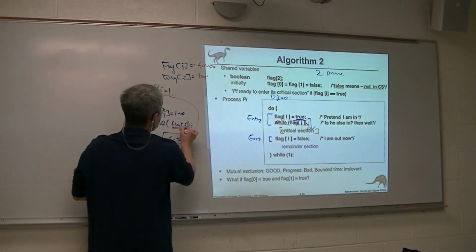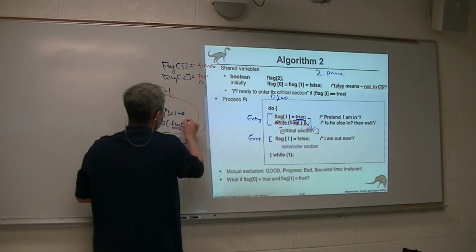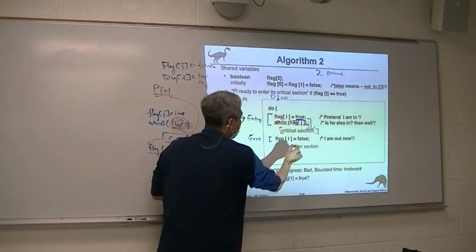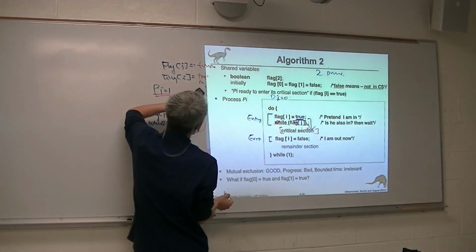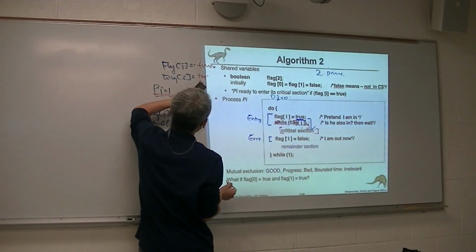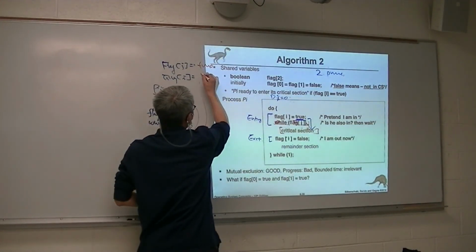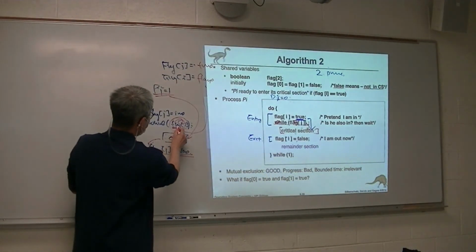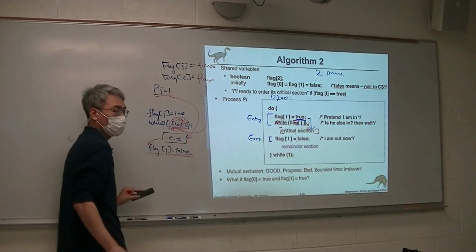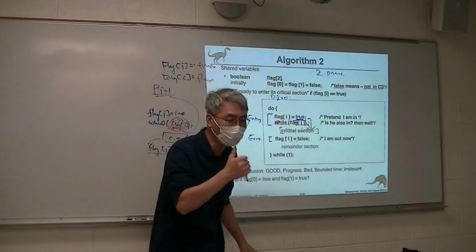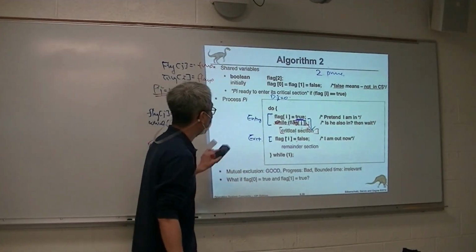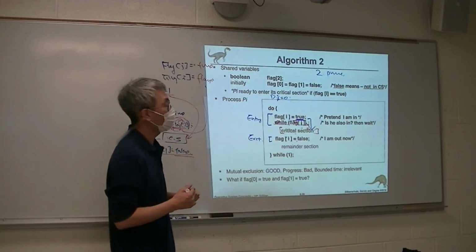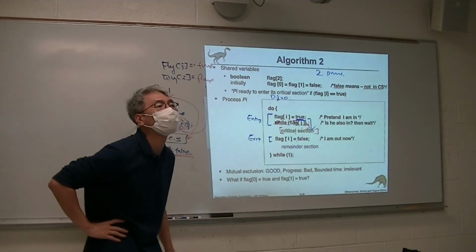Then check the flag I. It's true, so it's forever. Until when? Until this one exits. Once process I exits, flag I is false, and this one is false, so you can enter the critical section and so on. Only one process can enter the critical section using the flag. So we are not going to use the key.